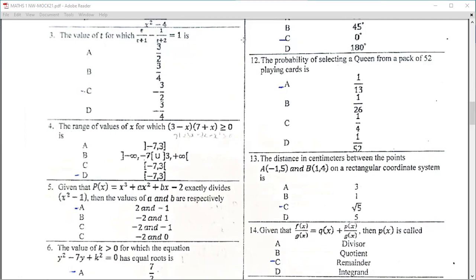So what will this give us? Considering that this is a number line that we have, let me put it here. This is a number line. Okay, so at this point we have 3. Why here we have negative 7? All right, let me do it this way.